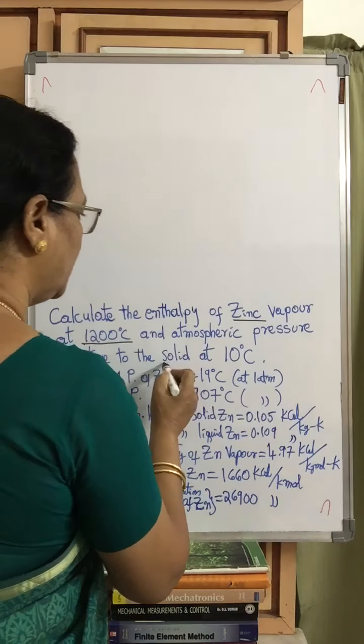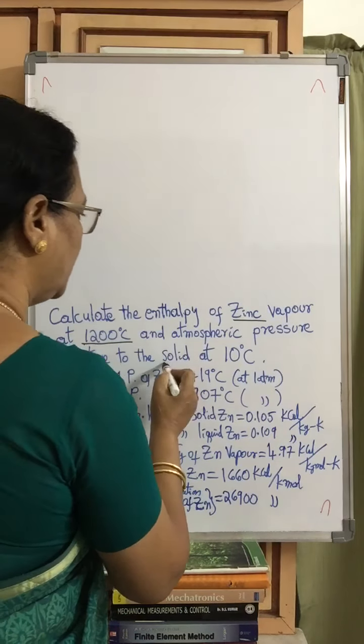Then what is Q3? Q3 is the heat required to heat liquid zinc from 419 to 907 degrees centigrade. We are dividing into stages.